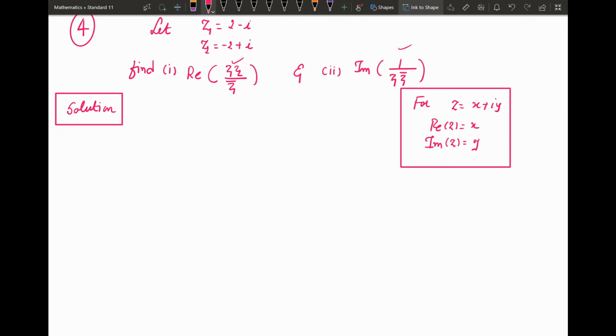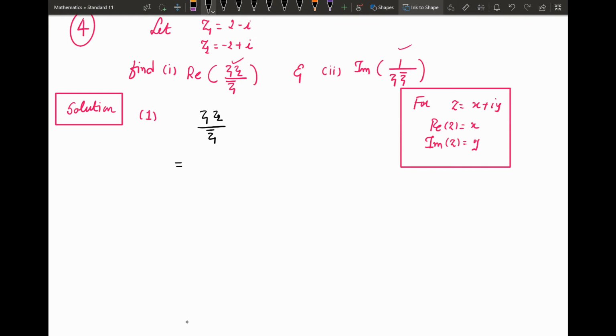So first solution, let us evaluate z1 into z2 upon z1 bar. Then we will convert z1 into z2 upon z1 bar as standard form a plus ib.